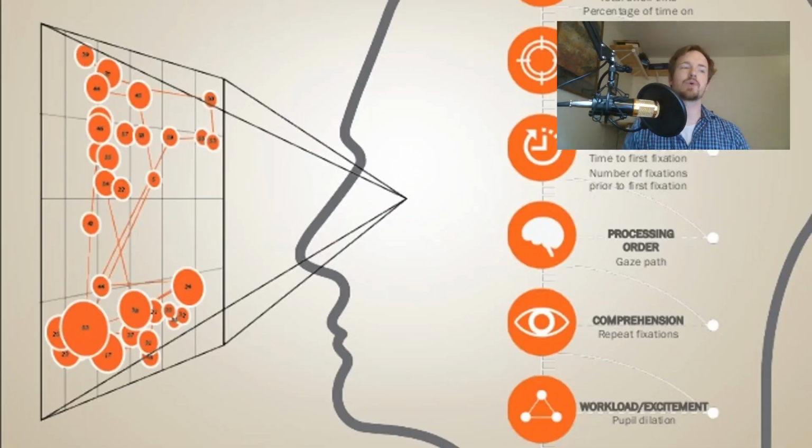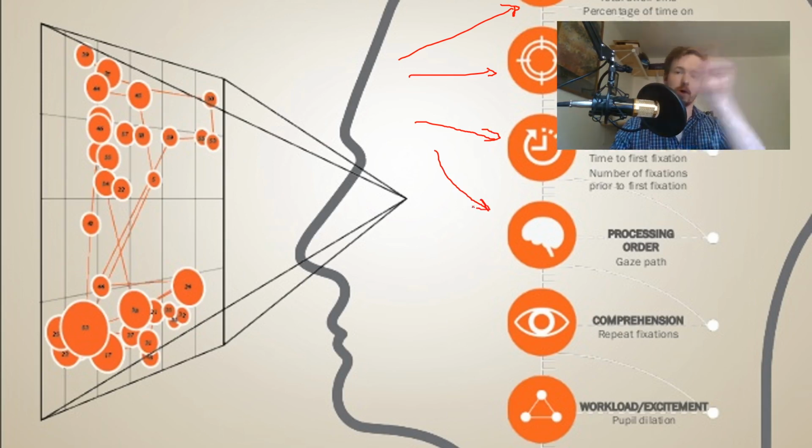So here is a quick infographic of some of the things you can measure with eye tracking technology. One of them, it's got kind of cut off up here, is the percentage of time that someone is focusing on something. You can look at how long they fixate on something. You can look at the first thing that they fixate on. You can look at the different motions in which they look at things.